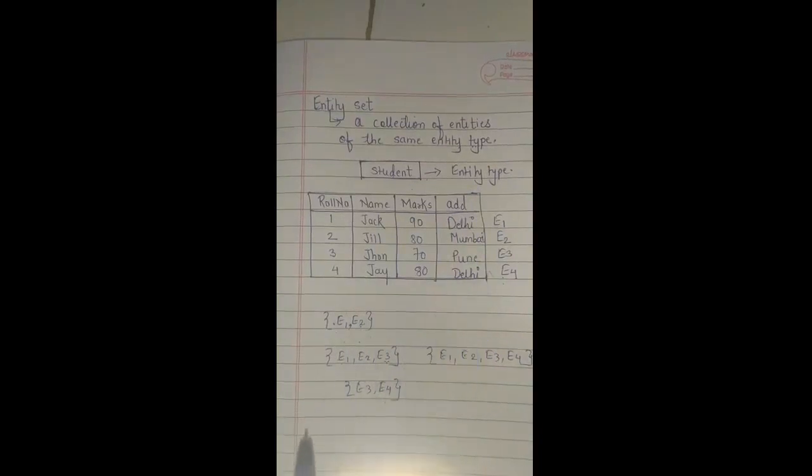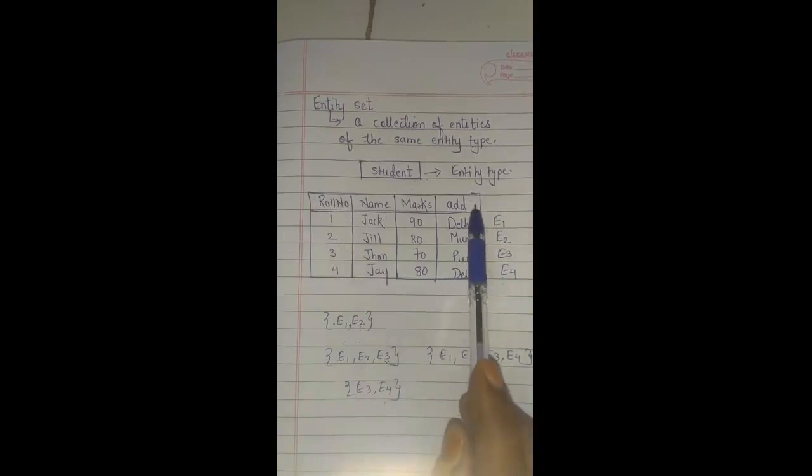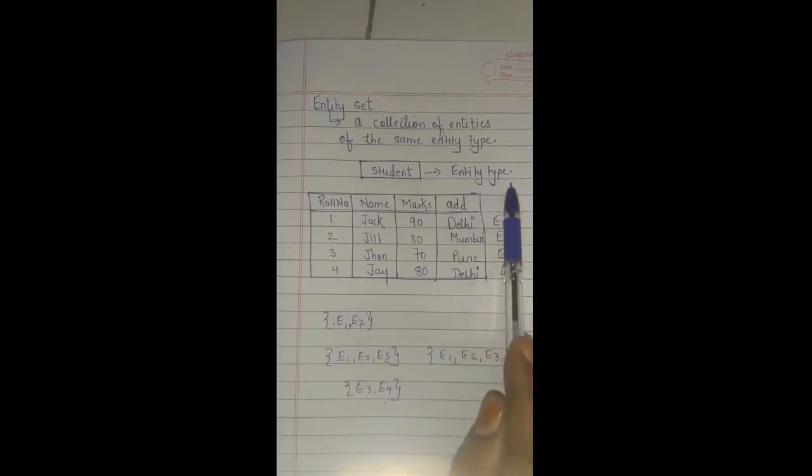What is the definition of entity type? It is the collection of entities having similar attributes. This particular table has 4 entities, and the collection of all these entities makes the entity type, right?